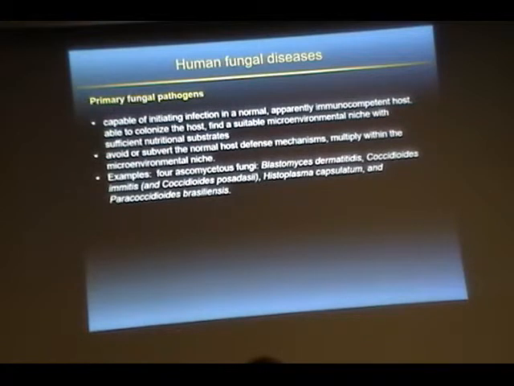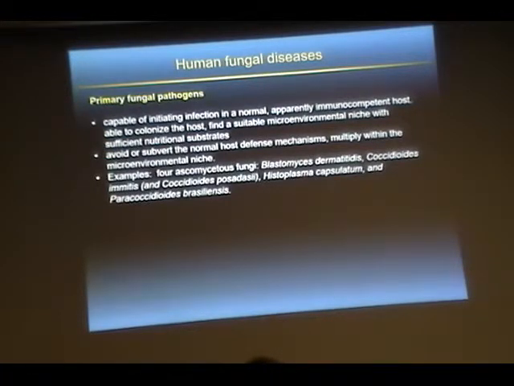So let's look into the details of the primary fungal pathogens, and these distinct characteristics are important to know. There's not too much about remembering the types of diseases they're producing, but the types of fungal pathogens and how they are different is important to remember. Primary fungal pathogens are capable of initiating infection in a normal, apparently immunocompetent host.